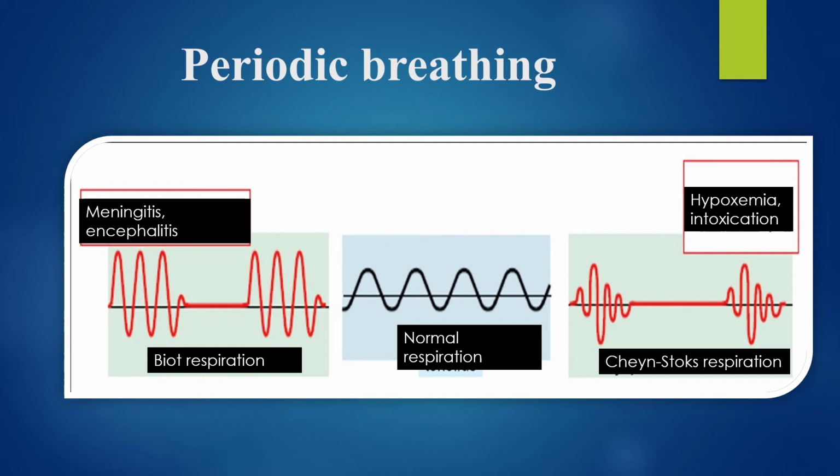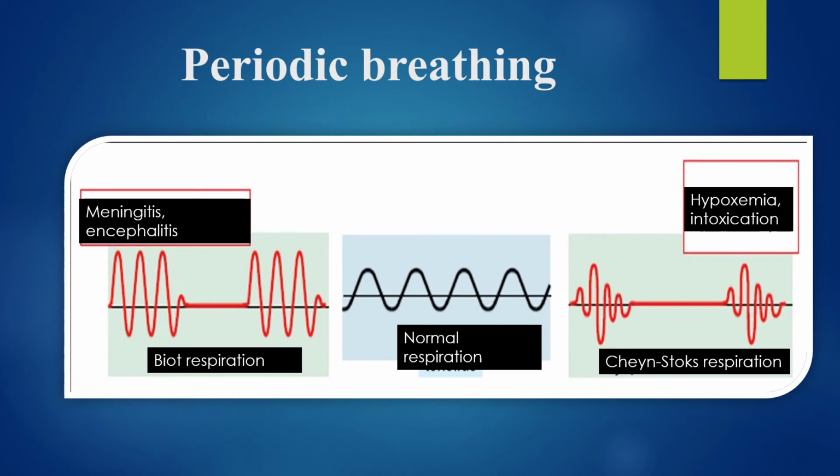During Cheyne-Stokes breathing, the inspiration gradually deepens and accelerates. After reaching a certain maximum level, the amplitude of the respiration begins to decrease gradually, and respiration finally stops. After apnea lasting 30-40 seconds, breathing is restored again.